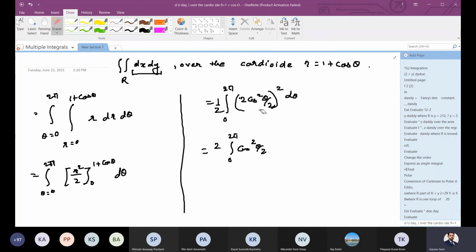Sorry, it would have been better if I kept it as it is. 1 plus cos theta square. 1 plus cos theta is 1 plus 2 cos theta plus cos square theta.